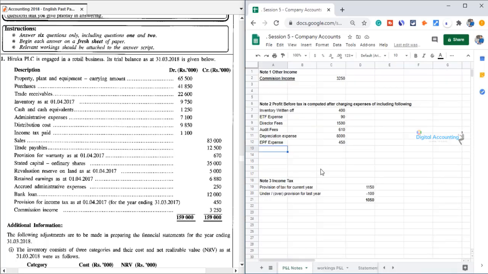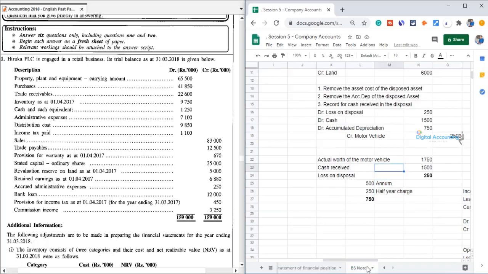We need to show that under note 2, profit before tax is computed after charging expenses including the following. So revaluation loss, loss on land revaluation, that is 1,000. And the loss on disposal is 250.